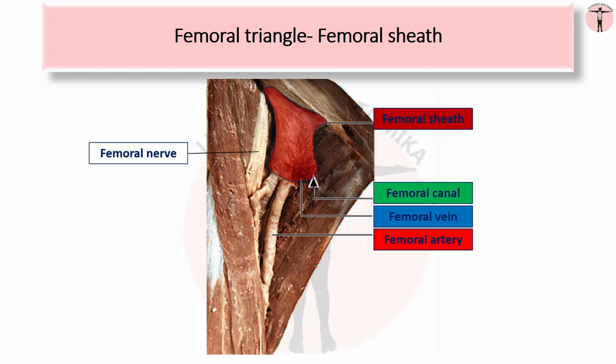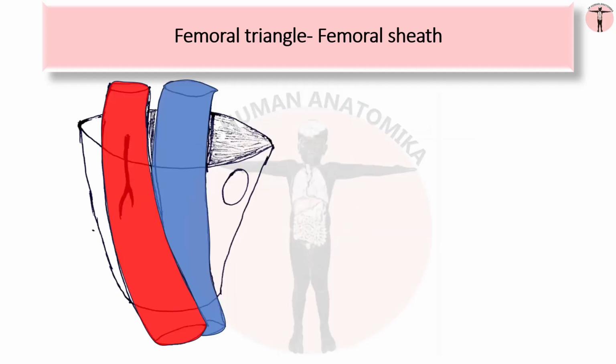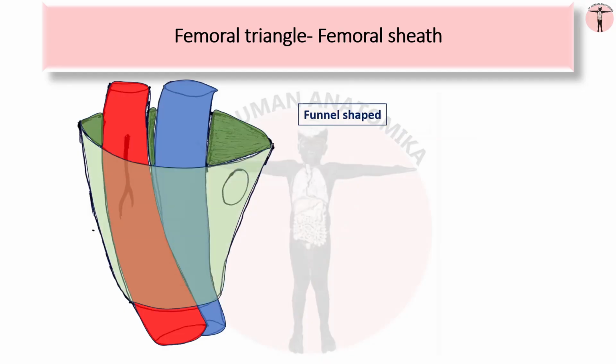Let us now look at the femoral sheath in detail. Femoral sheath is a funnel-shaped fascial prolongation around the proximal part of femoral blood vessels. It is a broad part in the upper area and narrow in the lower part.